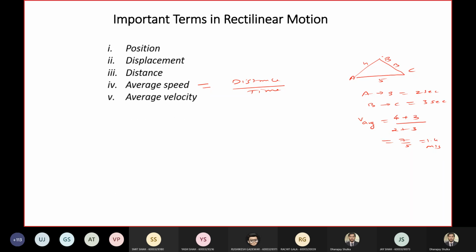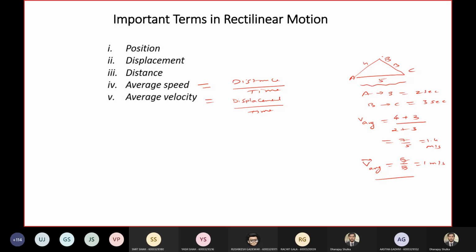Similarly, what will the average velocity be? Velocity is a vector quantity related to the displacement, that is displacement per unit time. So to find the average velocity, which is a vector quantity, how much will it be? 5 by 5, that is 1 meter per second, because this is a displacement.